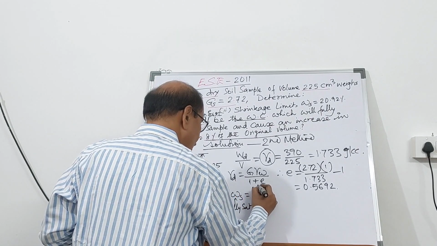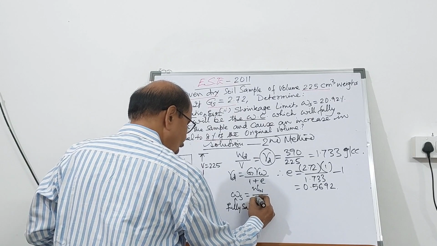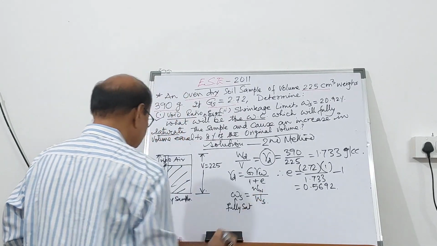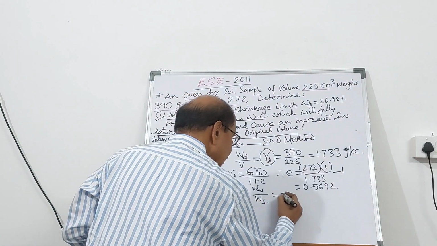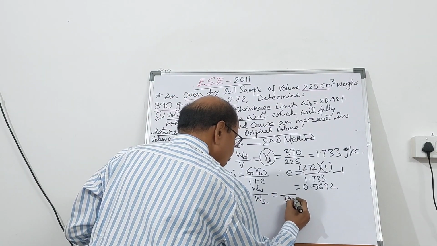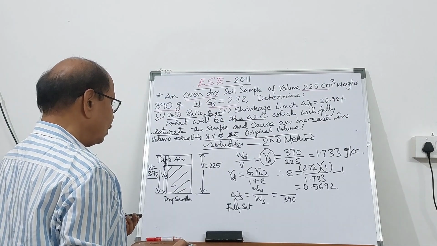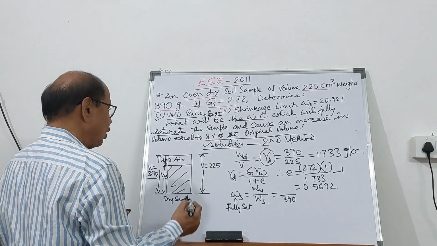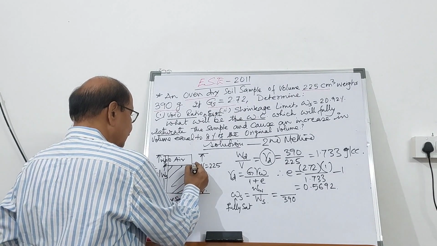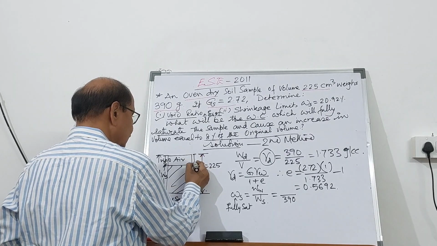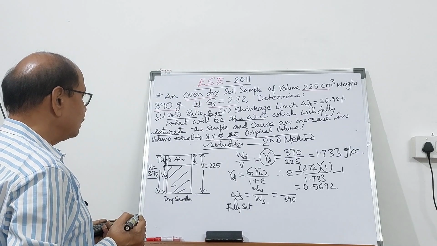So it is the weight of water present in the just saturated soil mass upon the weight of soil solids. Weight of soil solids is 390 grams. And what is the weight of water? The volume of water, you should be able to find it out.